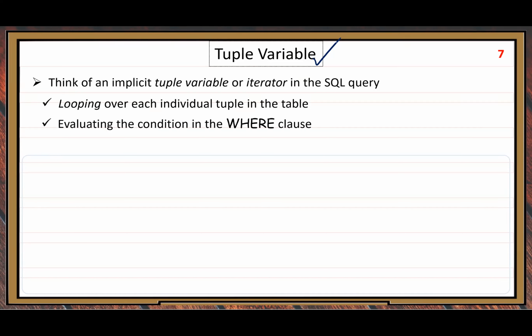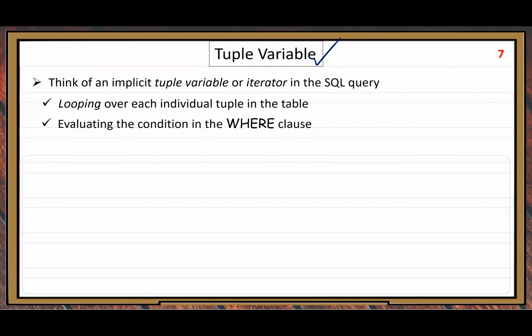Evaluating the condition in the where clause for each tuple: every time you only process one tuple at a time. When you process the current tuple, you evaluate the condition in the where clause and see if it returns true or not. If it returns true, you select that tuple.